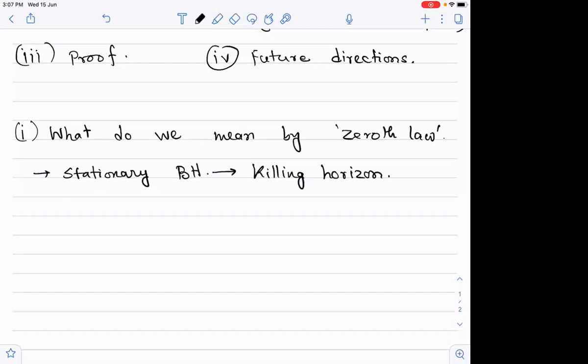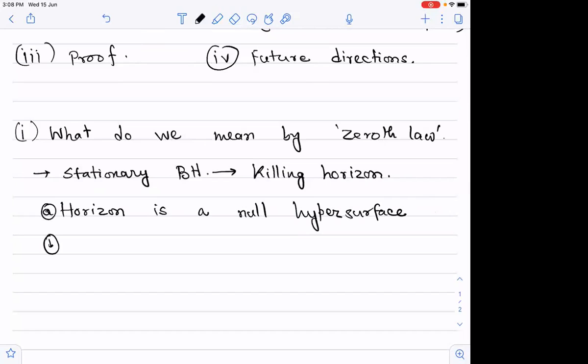So in our description, the horizon is a null surface, and the horizon generator is proportional to the one bulk Killing vector.